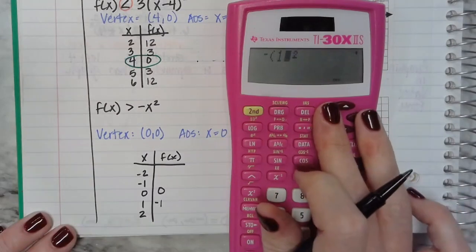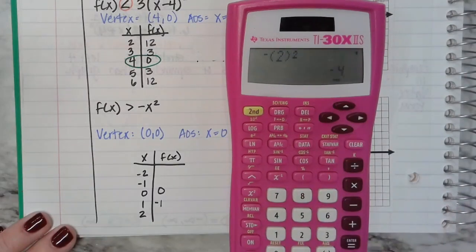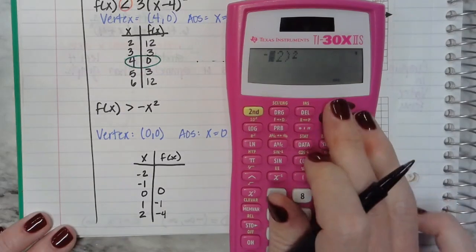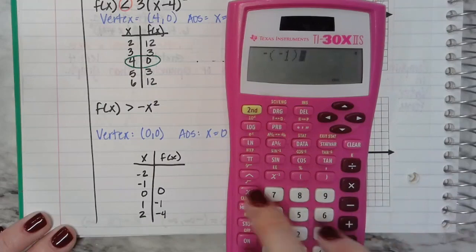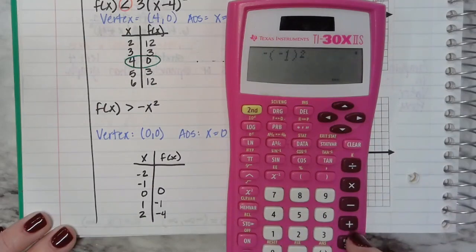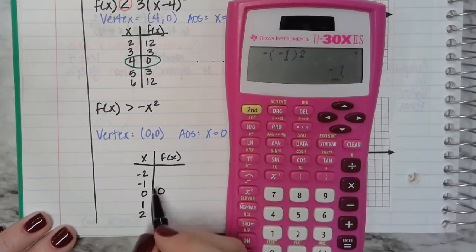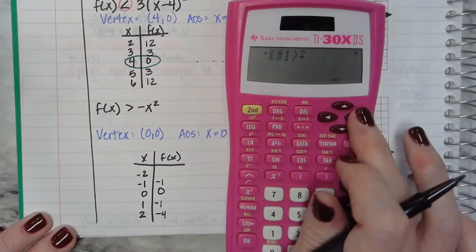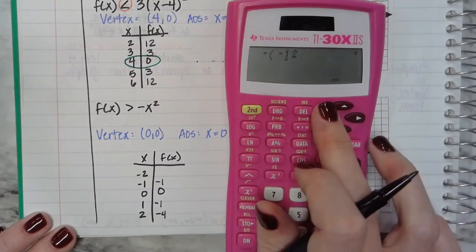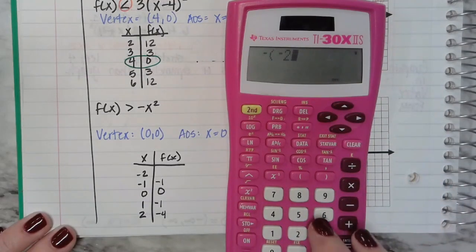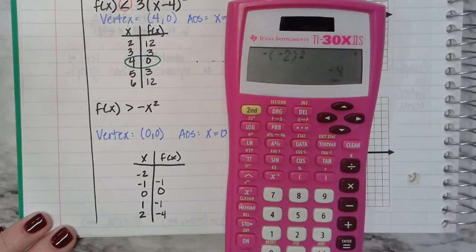Let's plug in a 2. I'm going to get a negative 4. Let's plug in a negative 1. I get a negative 1. And if I plug in a negative 2, I should expect to see a negative 4. Yep.